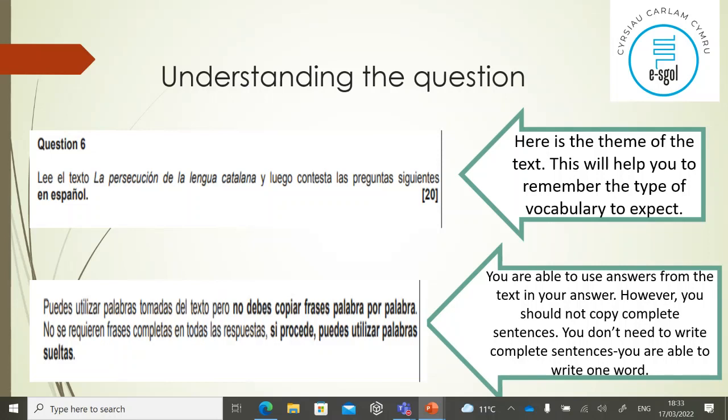So you make sure that there is some manipulation of the language. You don't need, no se requieren, frases completas, complete sentences in all the answers. And if it's possible, si procede, if it fits, you can use single words, so one word only.